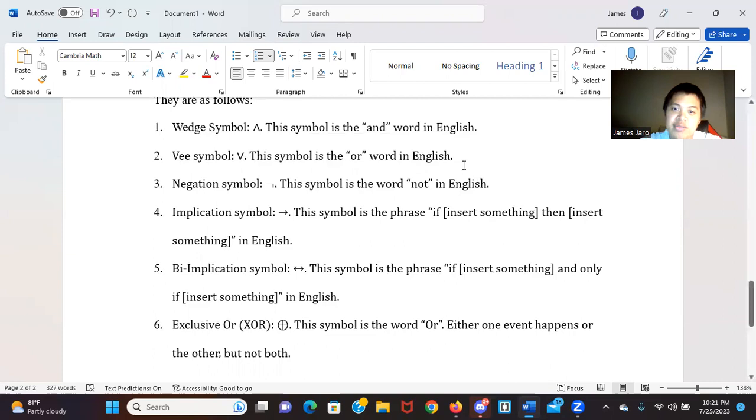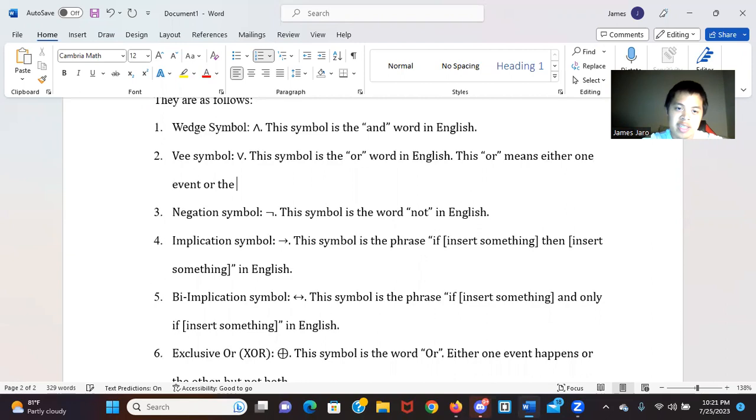This V symbol, this "or," means either one event or the other event has to happen, and it can be the case that both events occur.